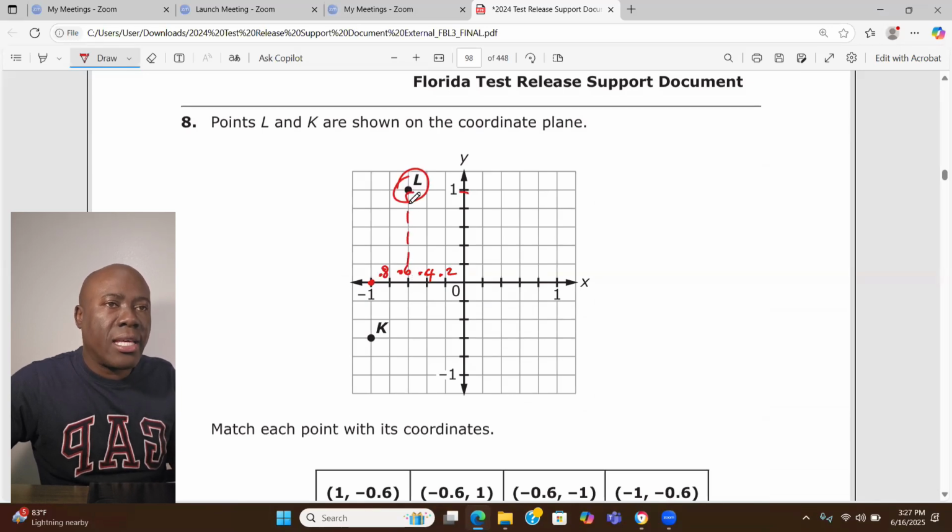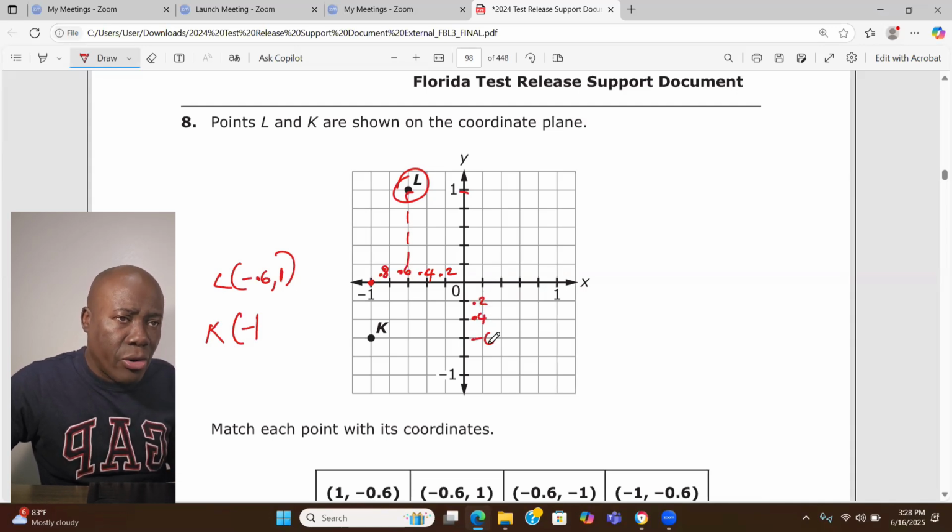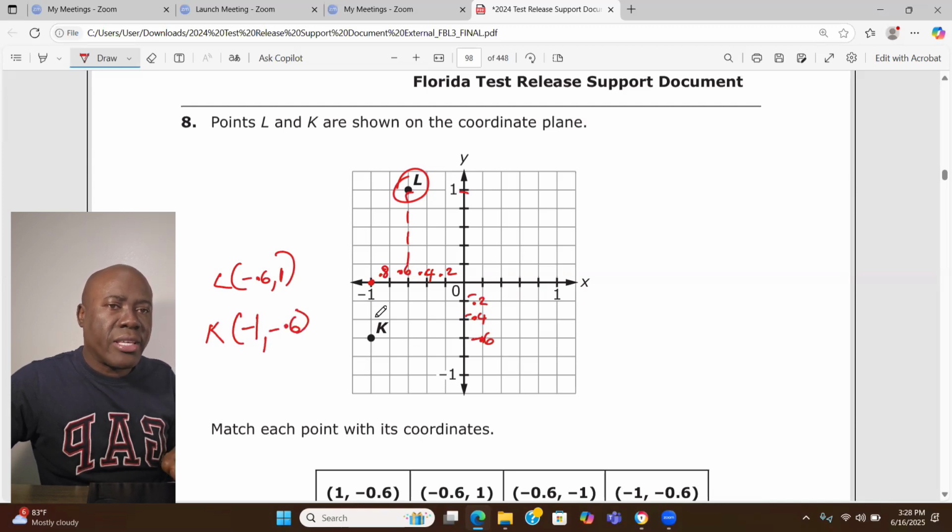So the point L is definitely at 0.6 with 1. So L is a negative 0.6 with positive 1. And then K would have been -1 with, let's go, 0.2, 0.4, 0.6. And these are all negative down here. So this is going to be negative 0.6.